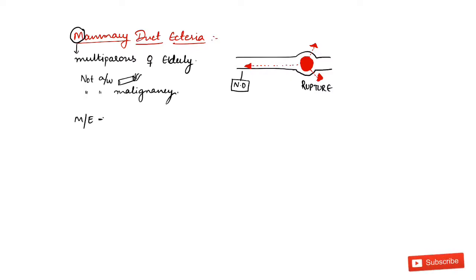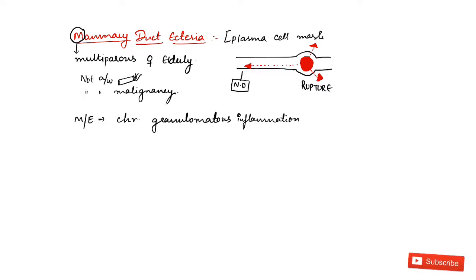On microscopic examination, you find chronic granulomatous inflammation. This disease is also known as plasma cell mastitis.